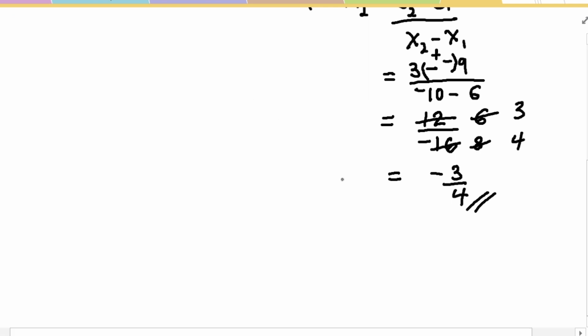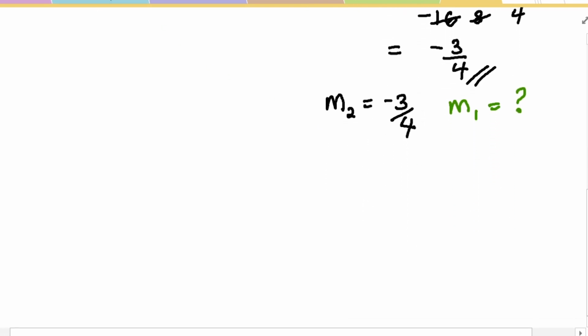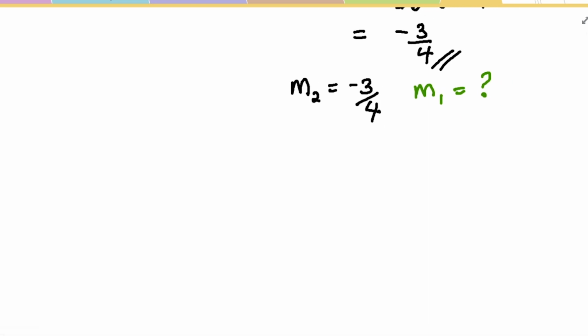So the gradient of the black line is -3 over 4. Now what is the gradient of the green line, which we are calling M1? Now remember, like I said, when you multiply the two gradients, they're supposed to give you -1.